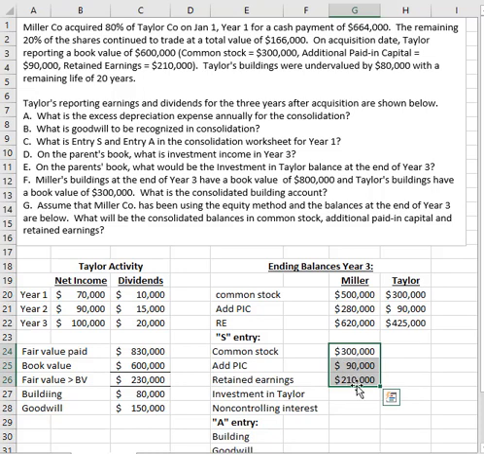So that $600,000 is going to be times 0.8 and then times 0.2. Verify that that adds up to 600,000 so that our entry balances. So there is your S entry.